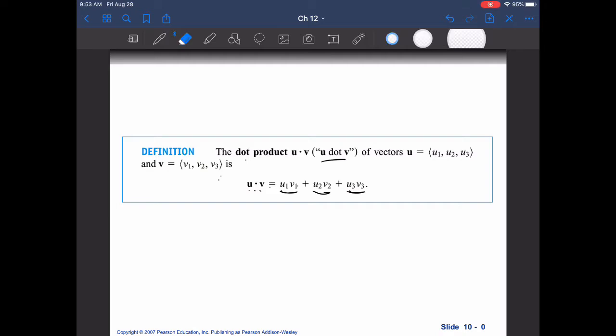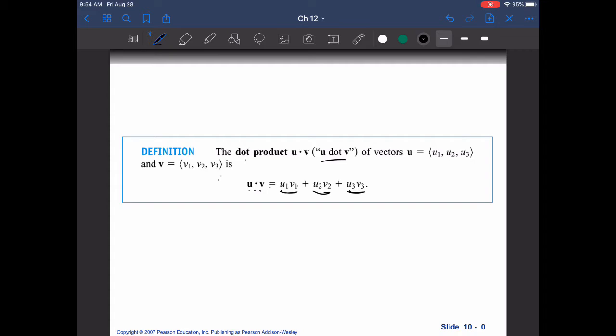Then you add them up and you end up with a scalar. So this is the dot product. Sometimes people call it the scalar product because you're taking two vectors, multiplying them together, and getting a scalar that represents the multiplication of those together.